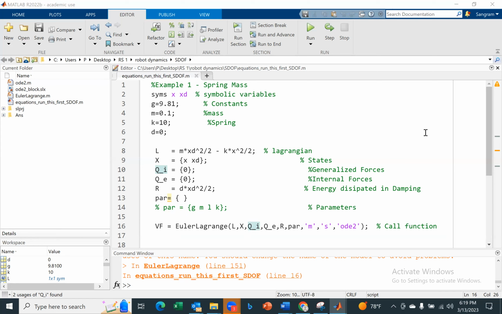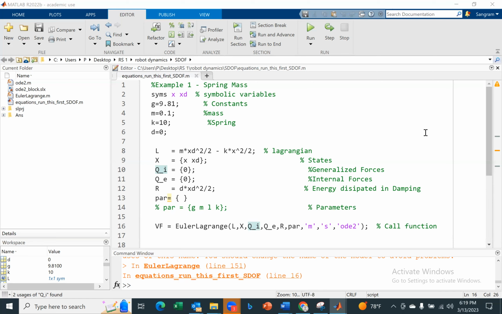And now this is the structure of the variables that we need to maintain, so that we can call this code, which is Euler-Lagrange. That code will actually perform the Lagrangian analysis with the equation and give us the result. Everyone understood this? Please understand, this function requires line number 9 to line number 13 written in a very specific form.